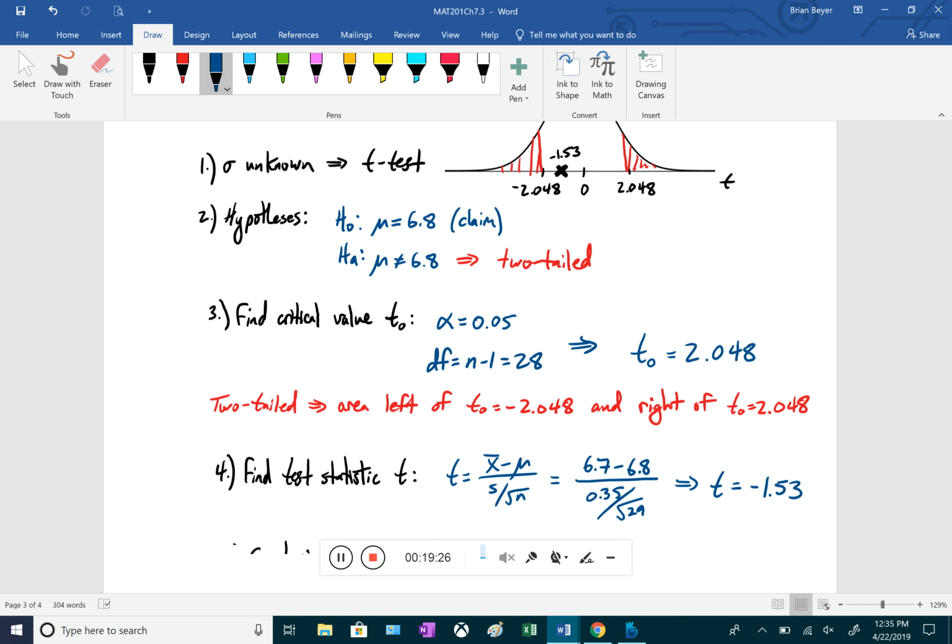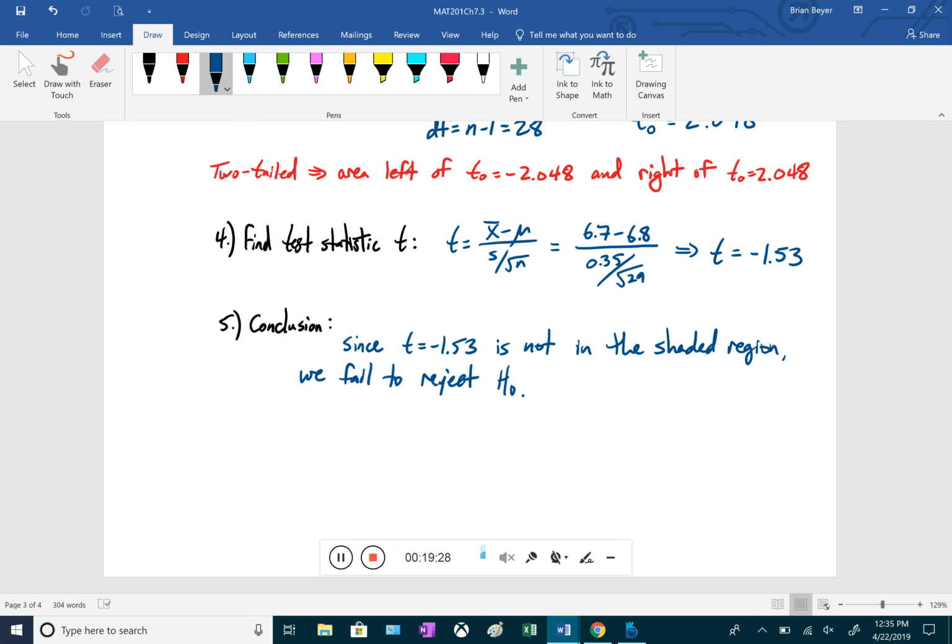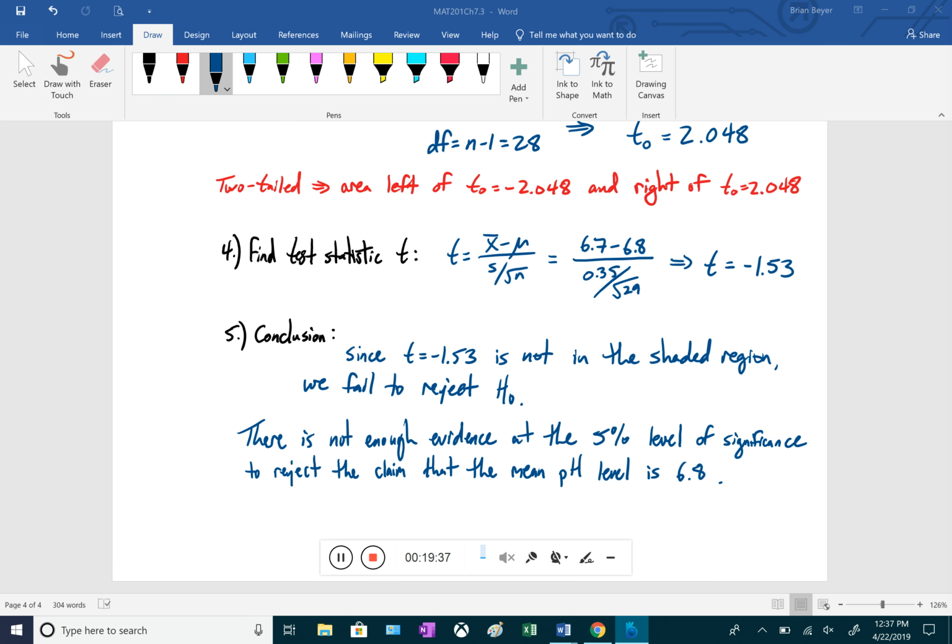So we were just unable to prove that claim wrong at this certain significance level based on our data. Okay, so that would be how we write the conclusion for this one. So it could be right, it could be wrong. All we did was fail to reject it, fail to prove them wrong at this level of significance. Okay, so that is it for 7.3.